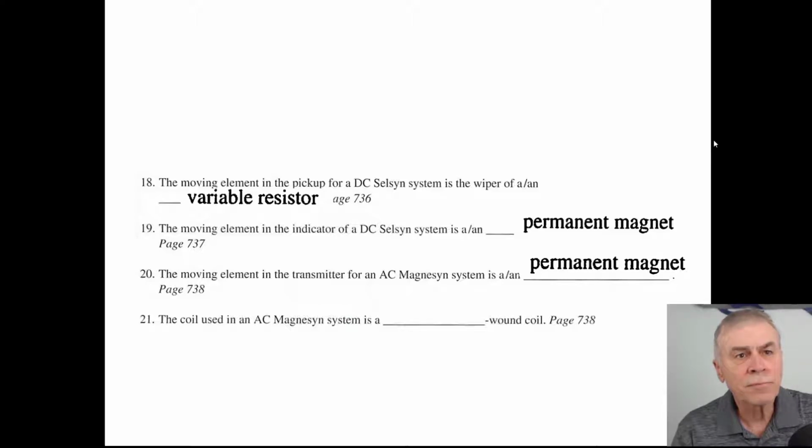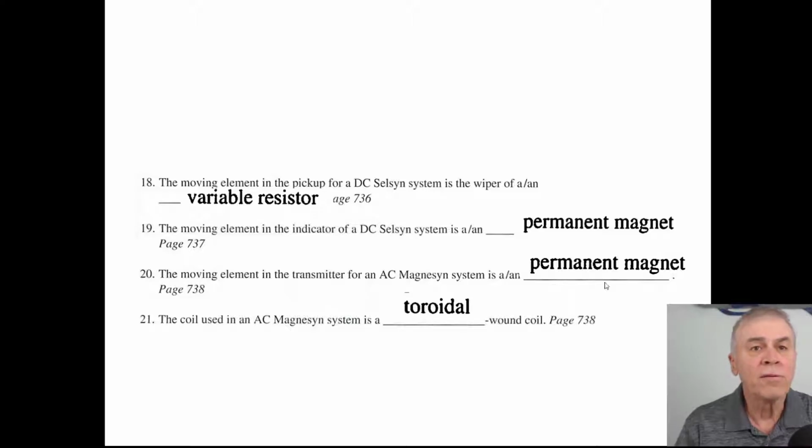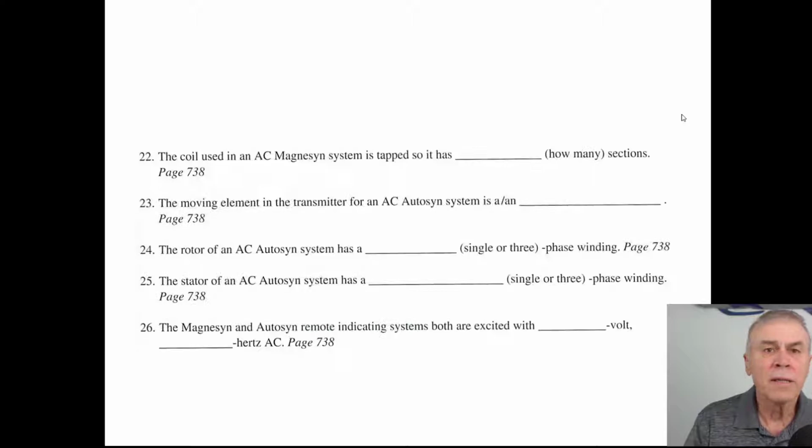Yes. And then the coil used for the Magnesyn system is a... is that the toroidal word? Yes. All right, not the best.